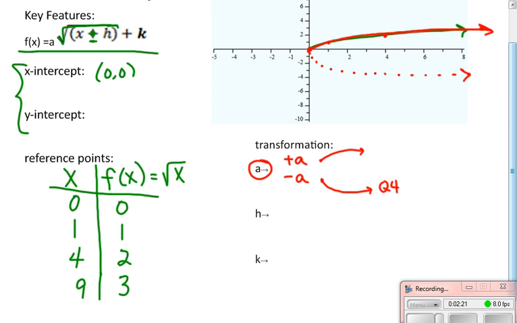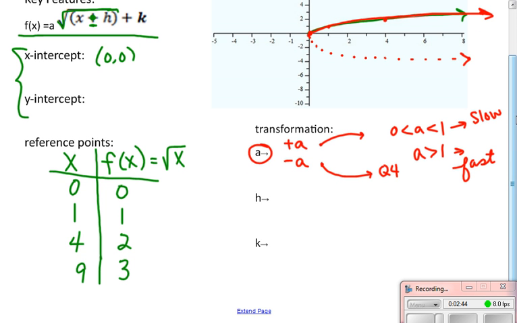A also controls the growth, and if A is a fraction, something between 1 and 0, that is a slower growth. If A is some number bigger than 1, that's going to make that fast growth. It's going to increase how quickly our numbers get.